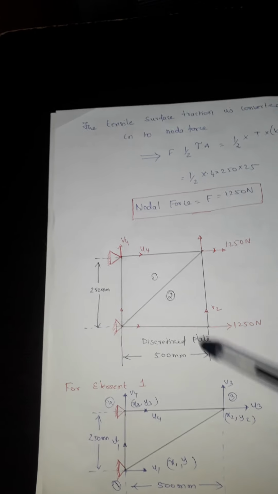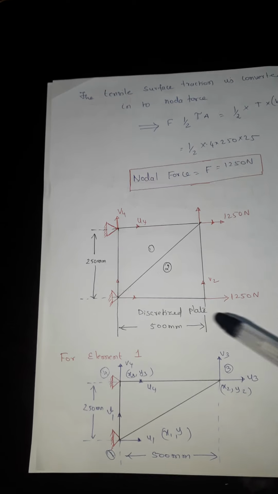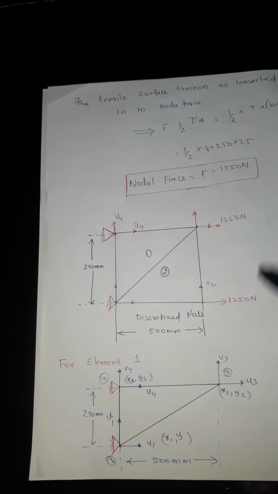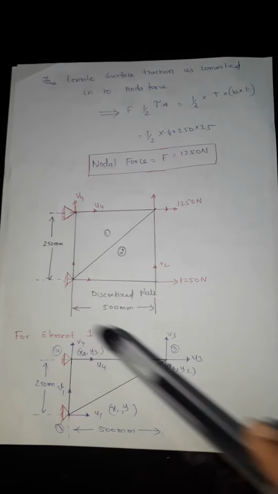Here one node, here one node, and here one node. This end is completely fixed, so these nodes will be fixed, and at the other nodes 1250 Newton and another 1250 Newton are pulling in the x direction. So this is the discretized plate from that three-dimensional figure.